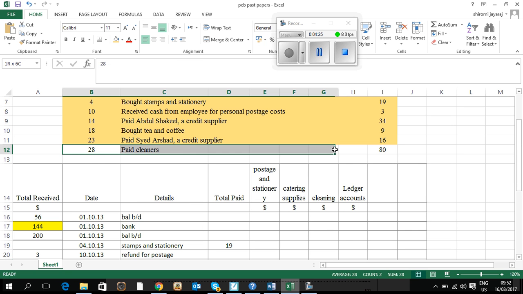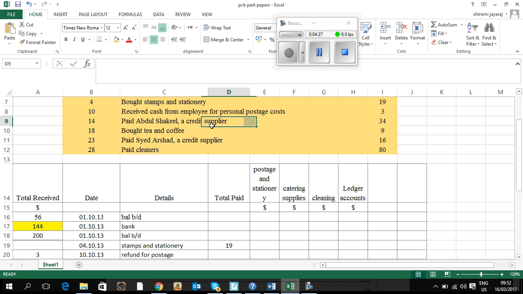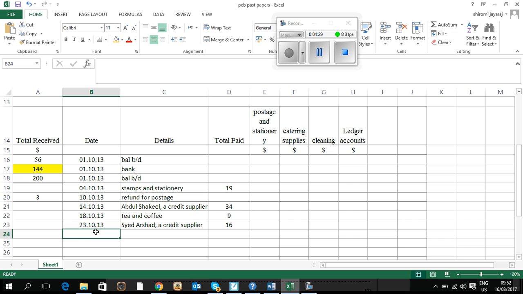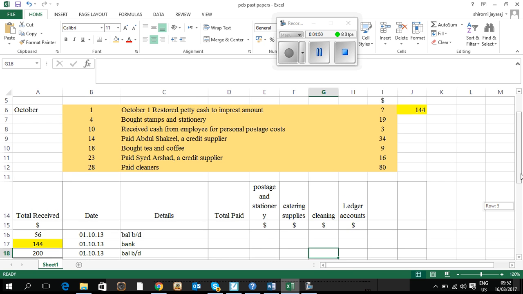And then paid cleaners 80 on 28/10/13. Paid cleaners 80.